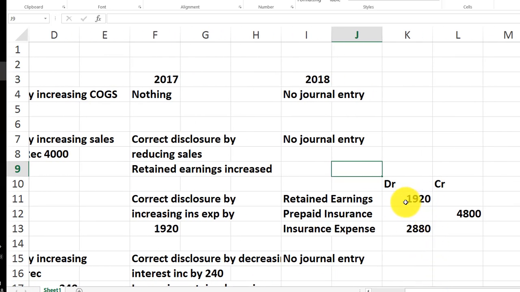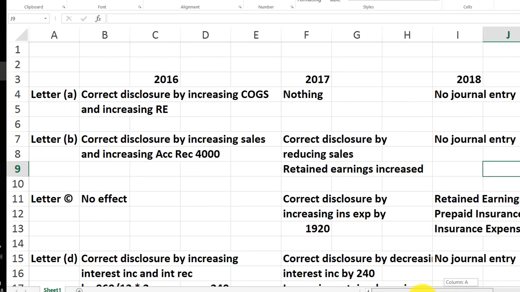And we see that because nothing we did over here to correct this disclosure carries forward because we didn't make an actual journal entry, we have to go ahead and debit retained earnings for that 1920. Okay, credit prepaid insurance. By the end of 2018, it's all used up, and the rest of it is insurance expense for 2018. So this one actually affects 2018, and we need to make a journal entry.